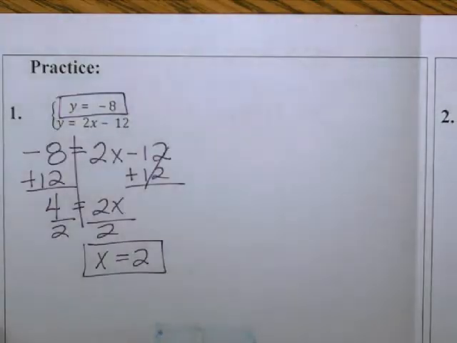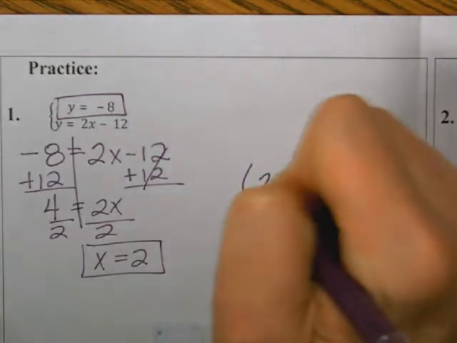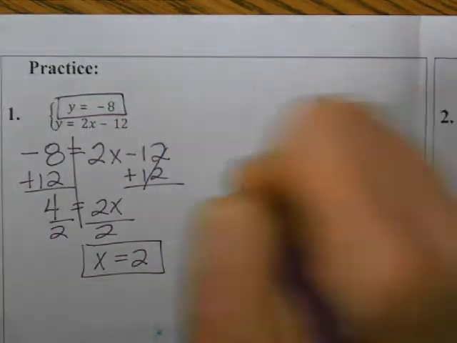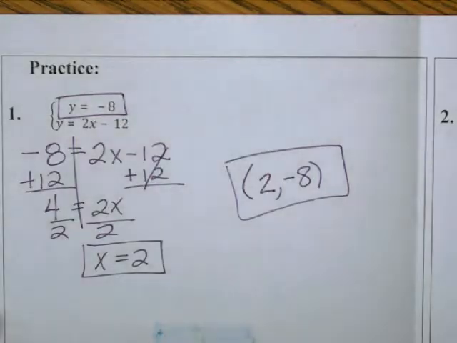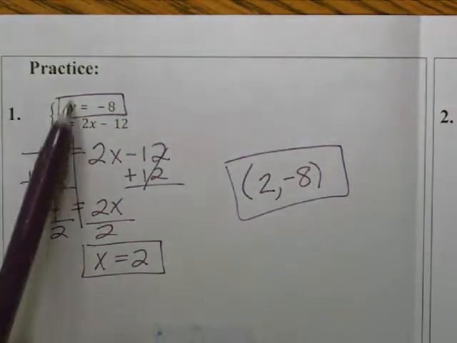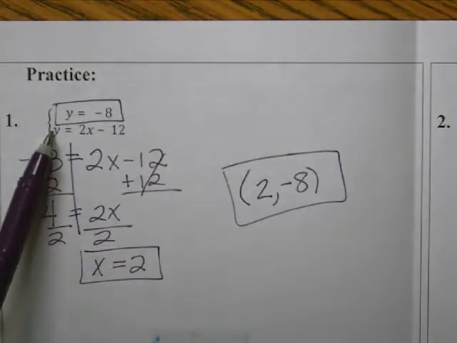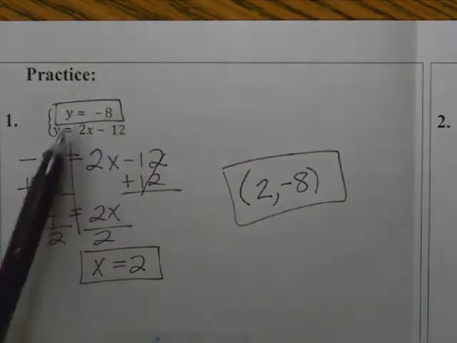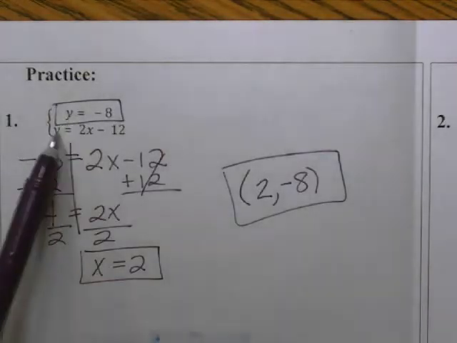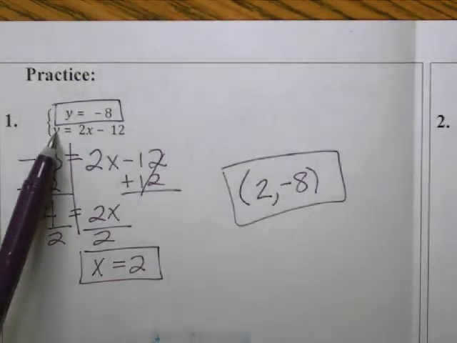Does that make sense? So all we have to do is say x is 2, y is negative 8, and then that's my answer. So we can set them equal to each other because they both say that they're equal to y. And y is some random number. We know it's negative 8. So we could just say if y is negative 8, then we just substitute this with negative 8, right? Because they're the same thing.